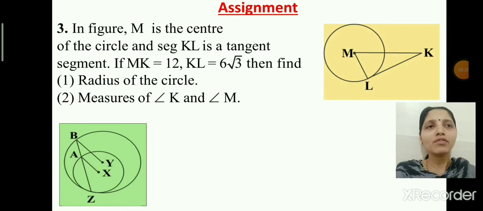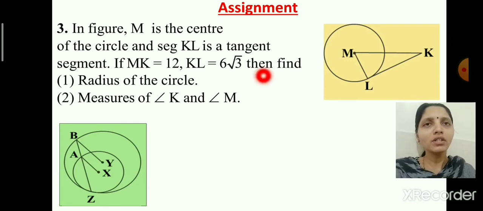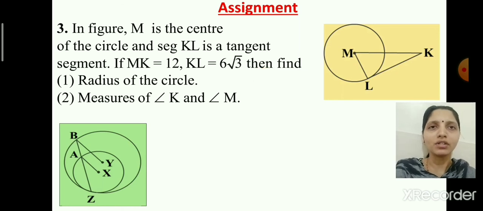Here I have given you two questions from problem set 3, third question and 8th question. In the figure, M is the center of the circle and seg KL is the tangent segment. If MK is equal to 12, KL is equal to 6 root 3, then find the radius of the circle and measure of angle K and angle M. So this sum is very simple.